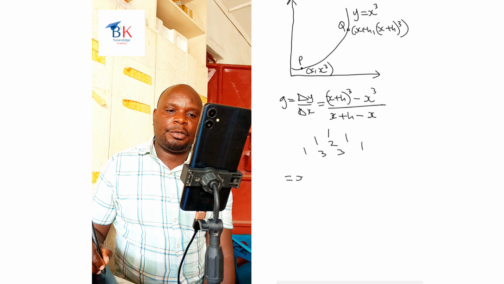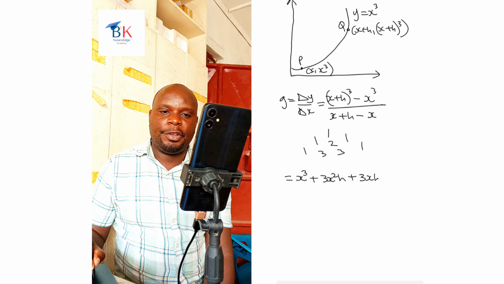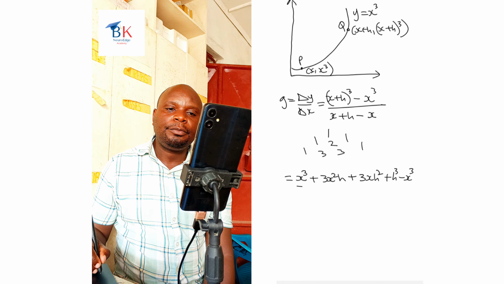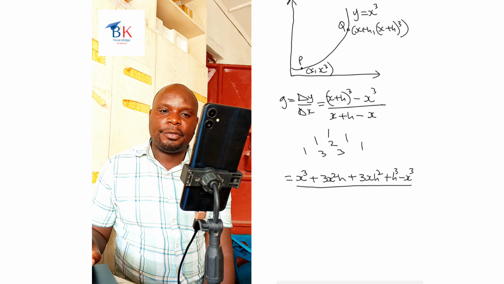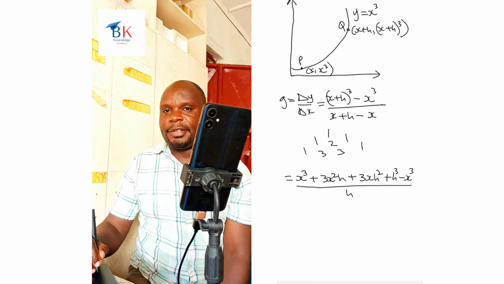Therefore, it's going to be x cubed plus 3x squared h plus 3xh squared plus h cubed minus x cubed for the numerator over h, because x plus h minus x gives h.